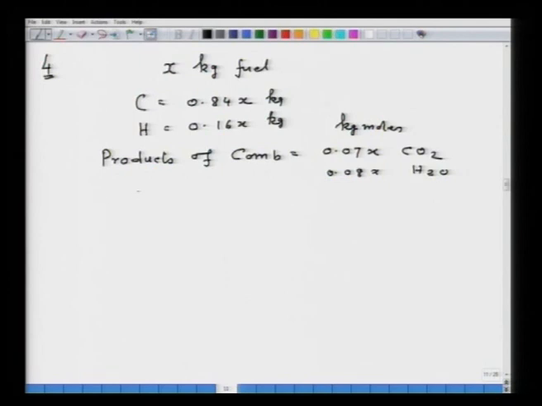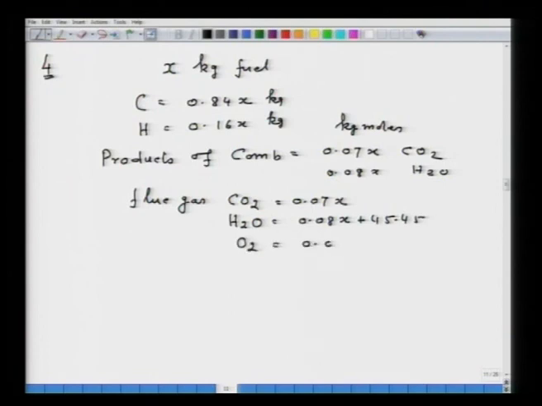So, the flue gas composition: CO2 is equal to 0.07 x, H2O is 0.08 x plus 45.45, oxygen is 0.022 x, and nitrogen is equal to 0.496 x.